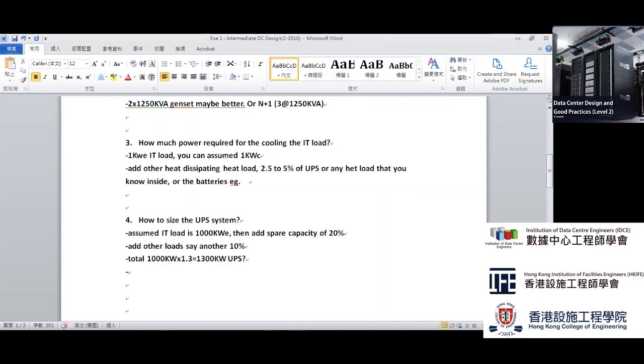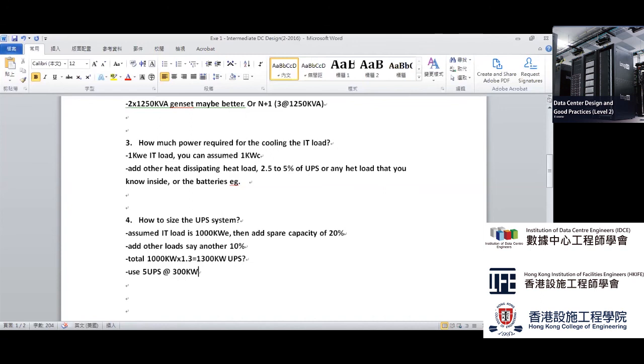You want to have at least more than one UPS. So here maybe you can use 5 UPS, each about 300 kilowatt.